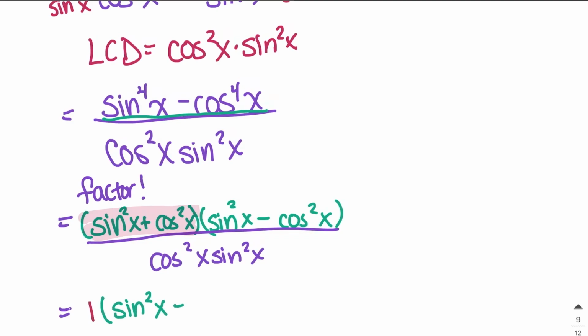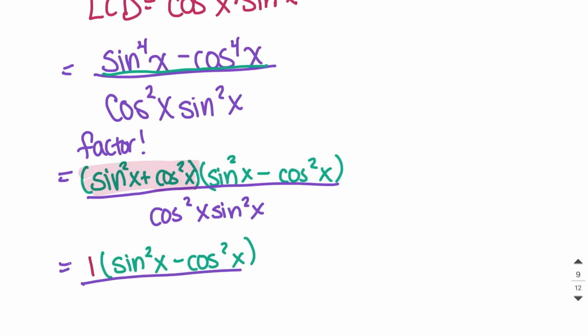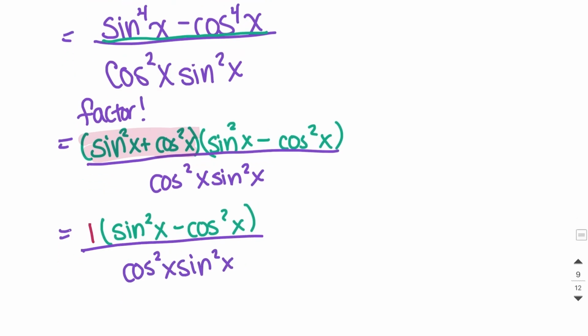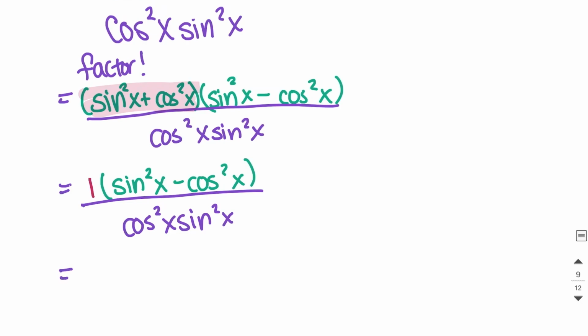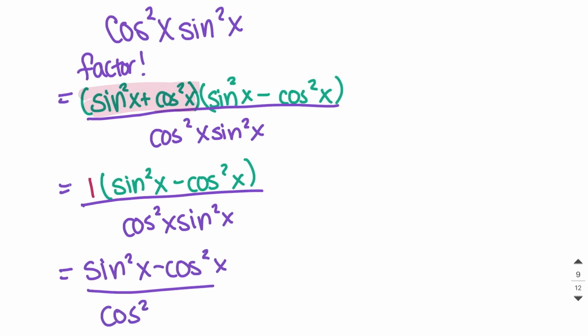Because when I multiply anything by 1, it keeps the number exactly the same. And this is going to be all over cosine squared x, sine squared x. So then right here, I don't really need to put the 1 there. So I end up getting sine squared x minus cosine squared x all over cosine squared x, sine squared x.